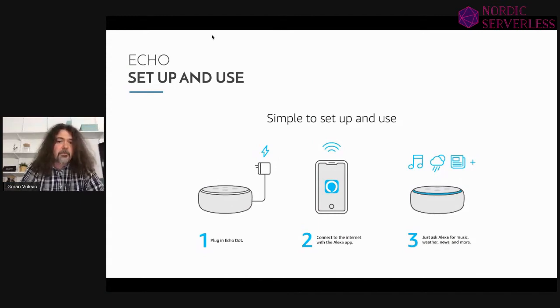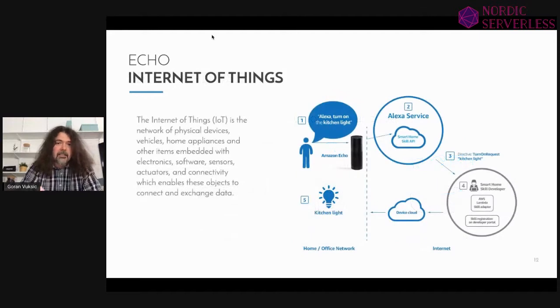Setup is super simple. You just plug it in, connect to the internet, and you can start using it. And the beautiful thing about Echo is that it nicely fits into the Internet of Things. Over here we have one example where the user is turning on the kitchen light with Alexa, giving it a command, and Alexa tries to figure out what needs to be done and turns on that light.